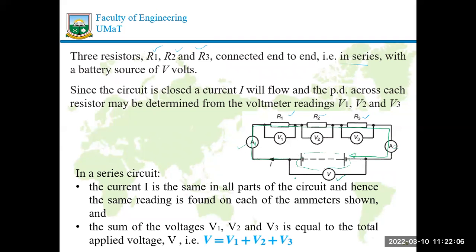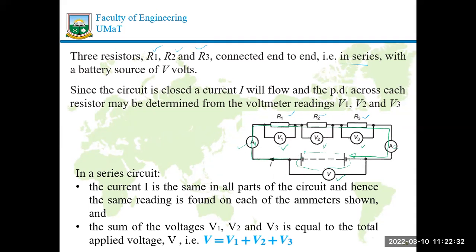We are using the conventional current flow. So we see that it's a series circuit, but I can find the individual voltage drops across the resistors. I can find V1, V2, and V3 by just connecting voltmeters across the resistors.